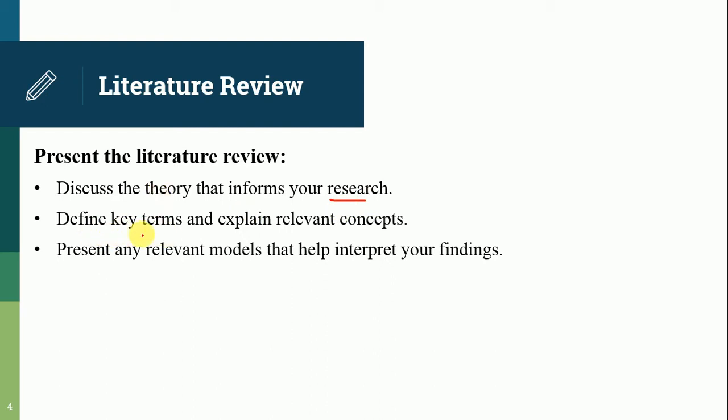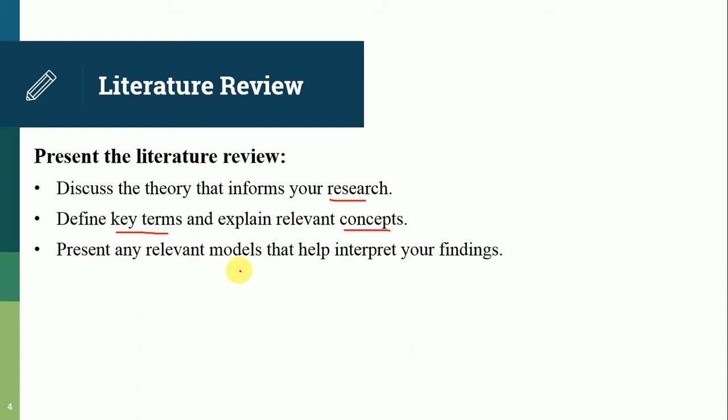The key terms used here might be important or not; a term might be completely new, or it might be obscure. So explain those terms and the relevant concepts. Make an explanation of the relevant concepts available in your literature review, support it and present it there.